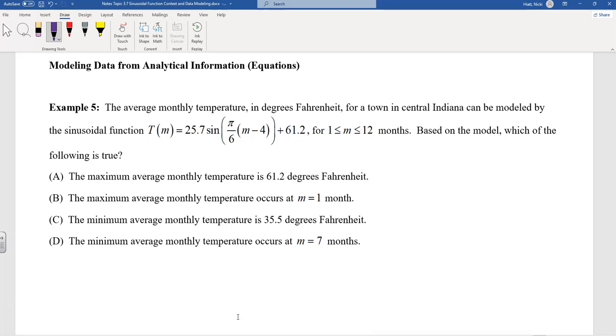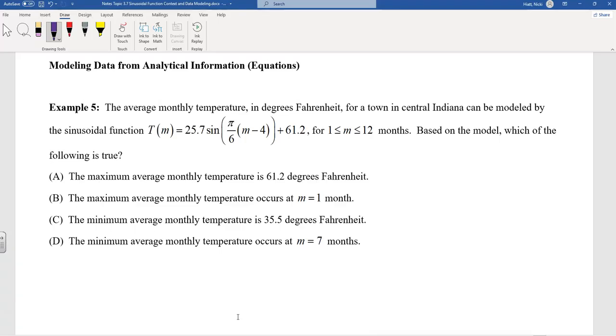Okay. So this is going to give us a graph that goes up and down. This should make pretty good sense because in the summer your temperatures get hot, in the winter they get cold, in the summer they get hot again, and that should more or less fit that pattern, right?